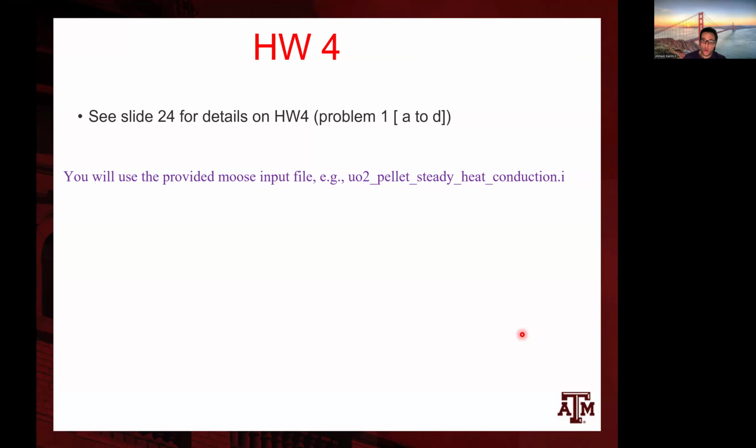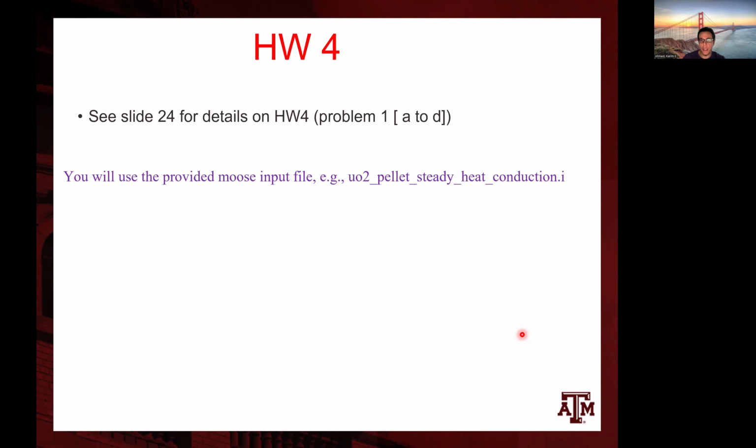We'll talk about how to modify it also, but basically the main structure of the input file is given and you just need to run it, and then we'll talk about how to visualize the result and how to understand the result.